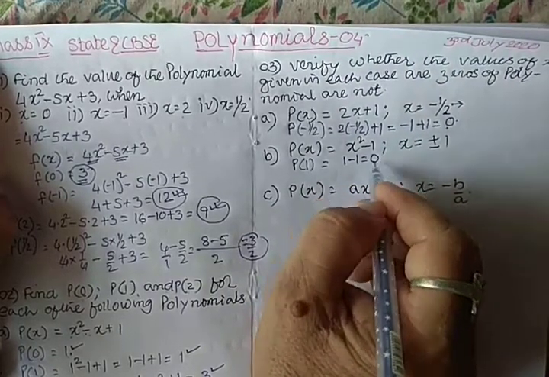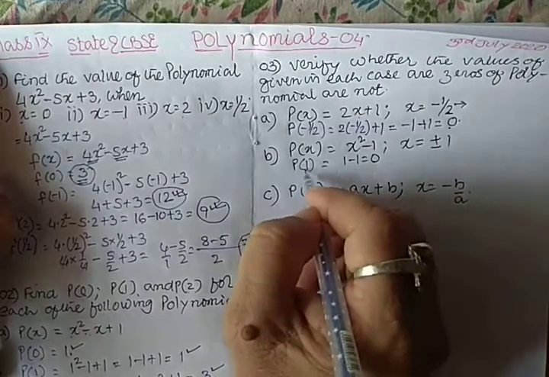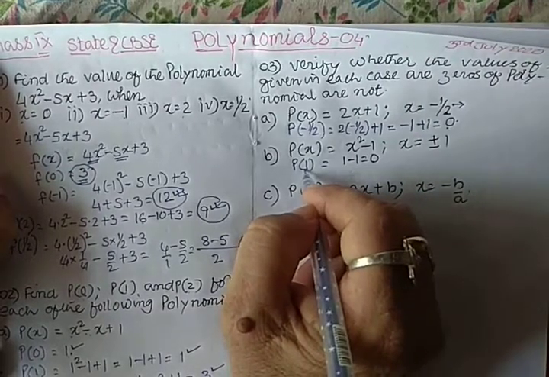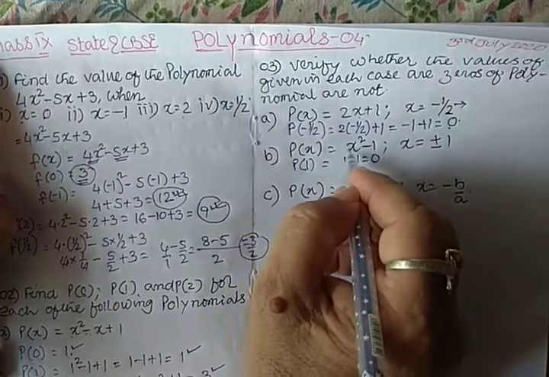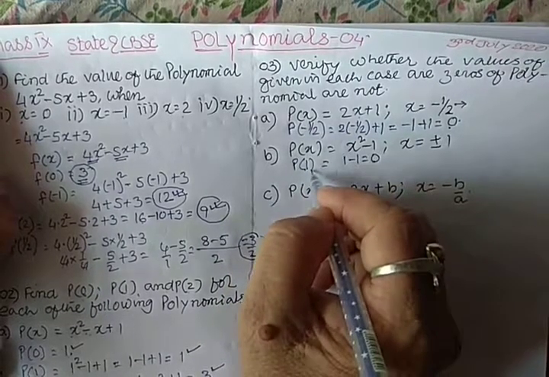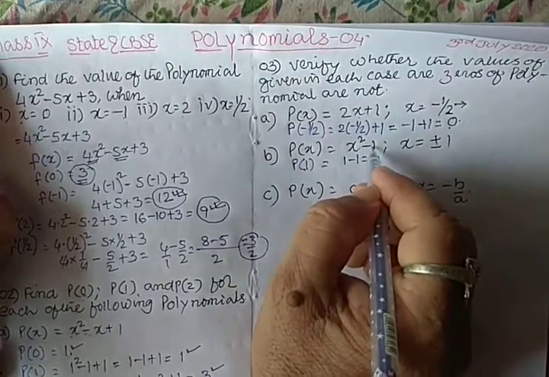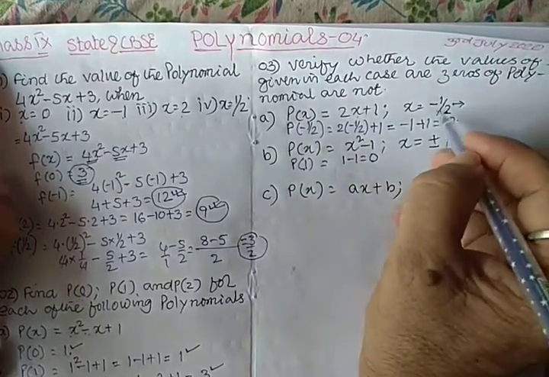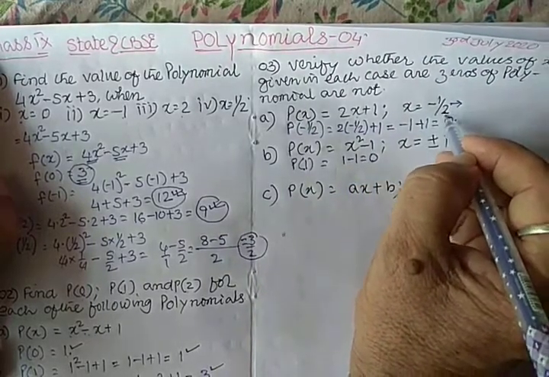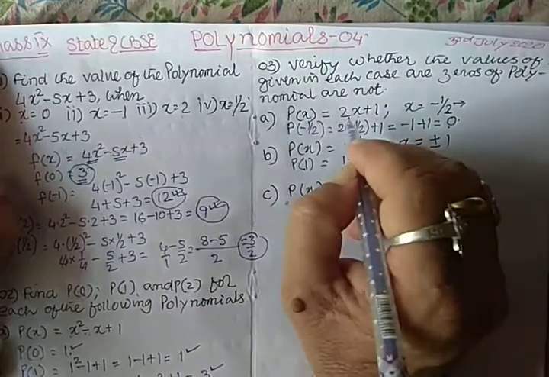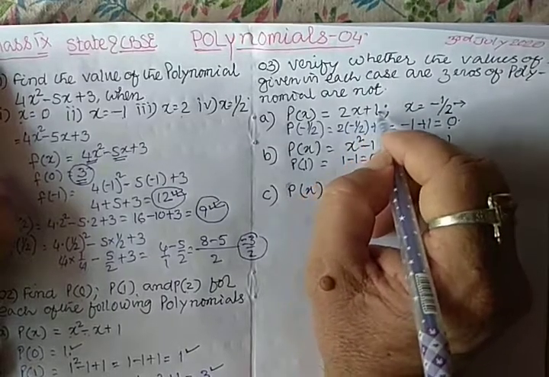So we call this plus 1 the root of x square minus 1. Here also minus 1 by 2 is the root of this polynomial 2x plus 1.